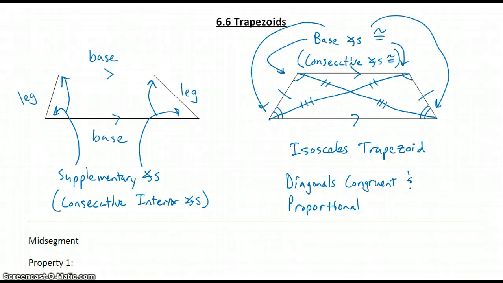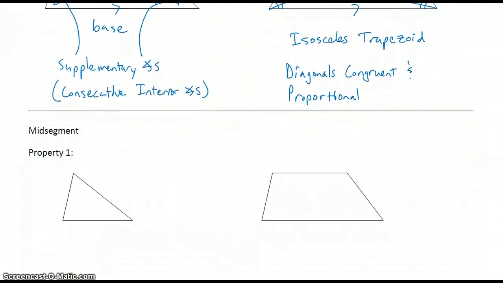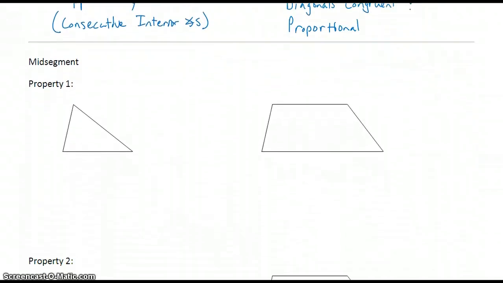Let's look at the midsegment of a trapezoid. Similar to the midsegment of a triangle, if you remember, if we have triangle A, B, C, the midsegment is the segment connecting the two midpoints.